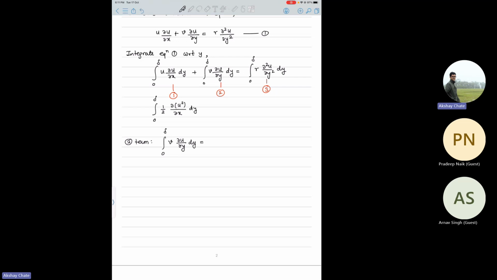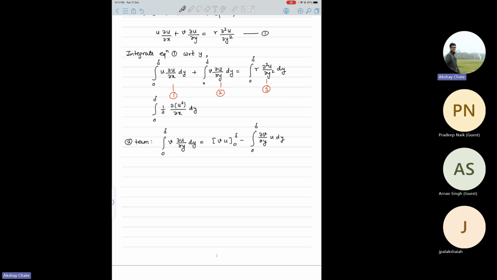If you do that, the first term remains as it is with the integration limits, and in the second term you end up with the differentiation of the term which remained as it is in the first case. Maybe you can do it yourself and you can see it should be like this only.